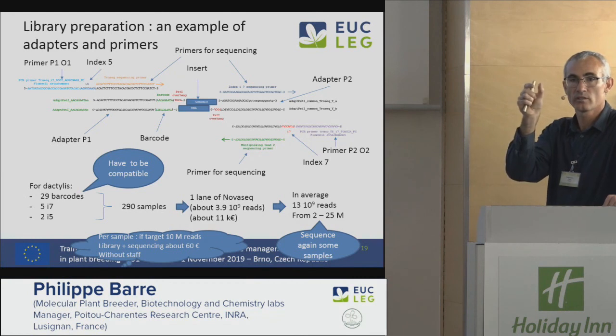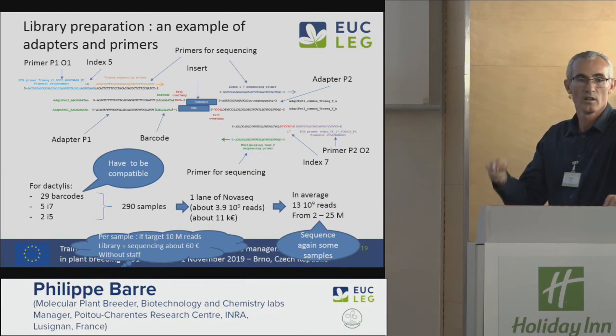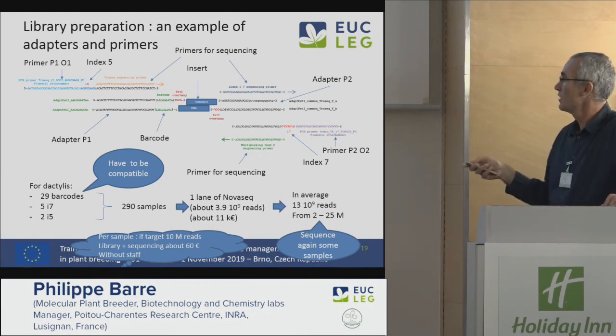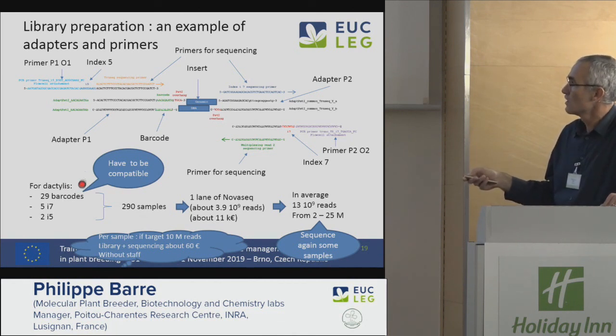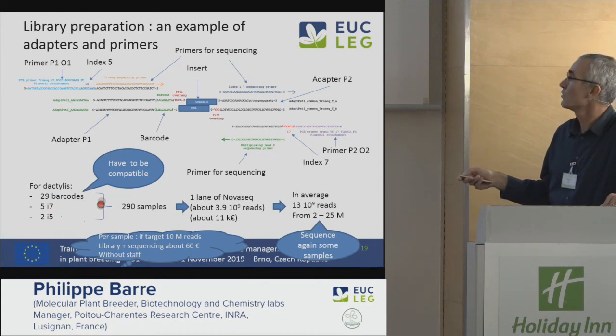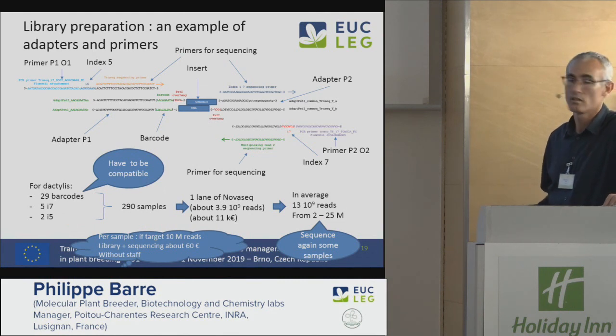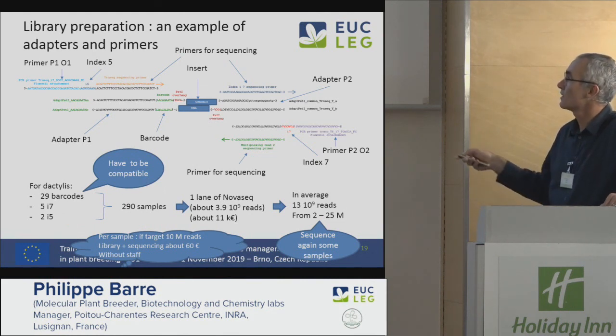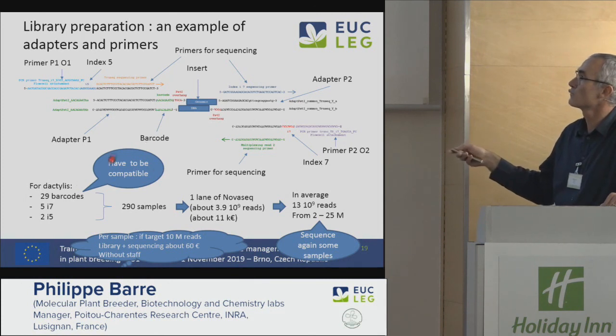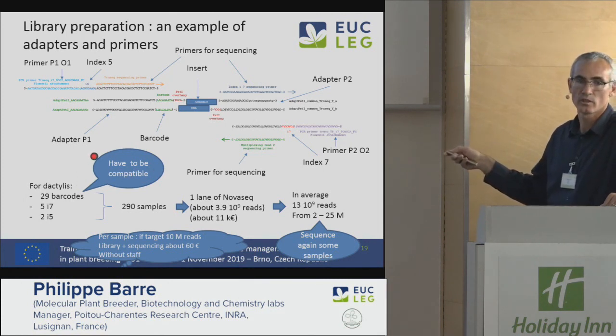It's a little bit of sequence that is specific to the sample. We use 29 barcodes, 5 index 7 and 2 index 5, and with that we can put together 290 samples at a time. And here I put again that these have to be compatible. This is important, and this has to be discussed with the people in charge of the sequencing.